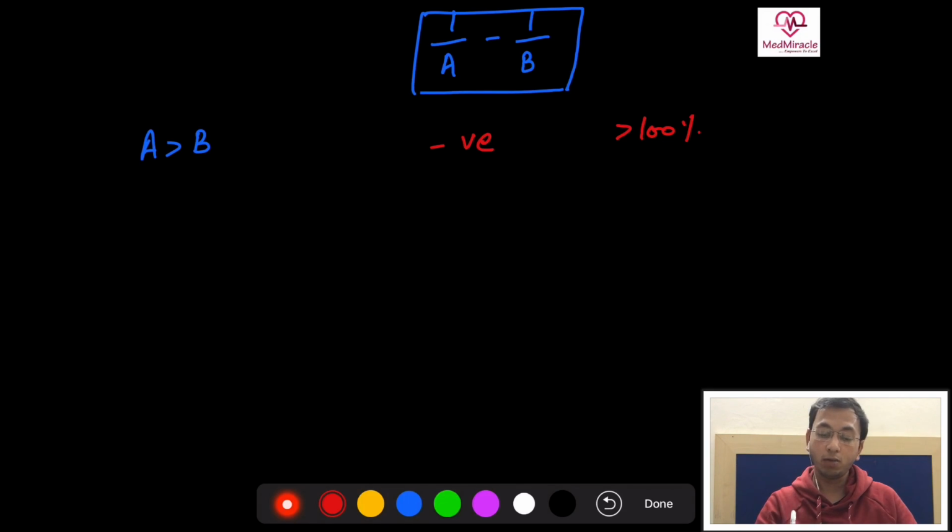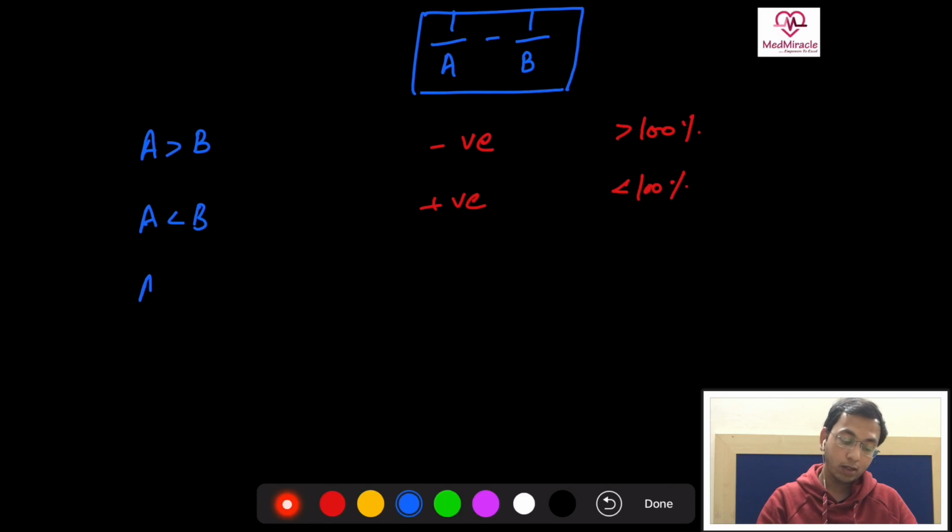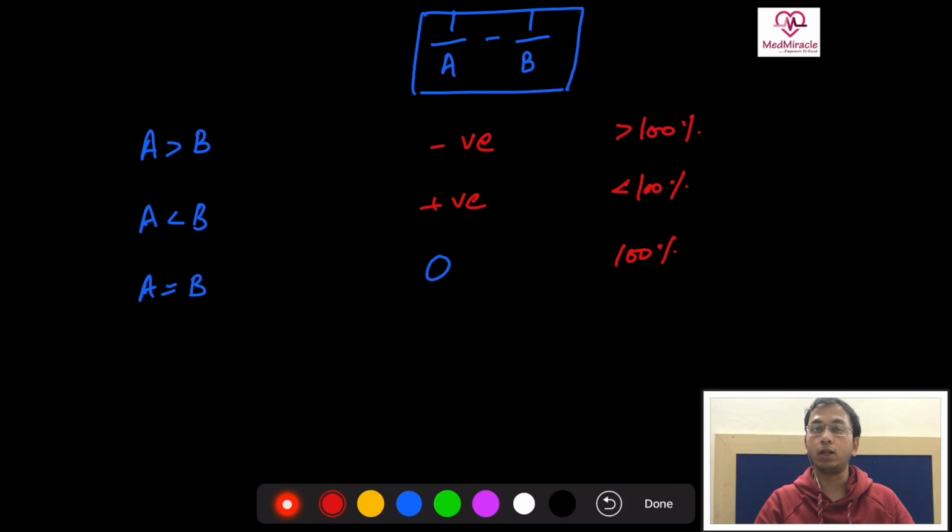The other scenario is where the number of incorrect options is more, that is B more than A; this equation will turn out to be positive, and the negative marking is less than 100%. And the third scenario is where A is equal to B, that is 625 options each; this equation will turn out to be 0, and the negative marking is exactly 100%.